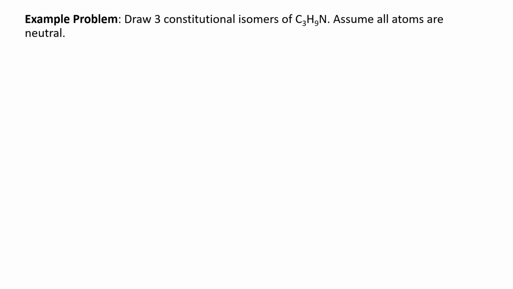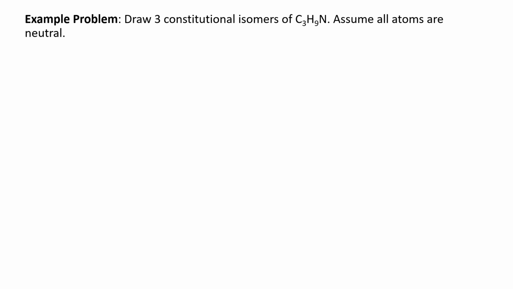Next, we're going to draw 3 constitutional isomers of C3H9N. We're going to assume that all atoms are neutral. So what we're going to do here is try to come up with all of the combinations based on the neutral bonding patterns from a few slides ago.